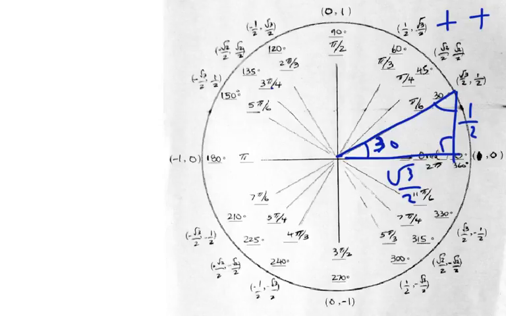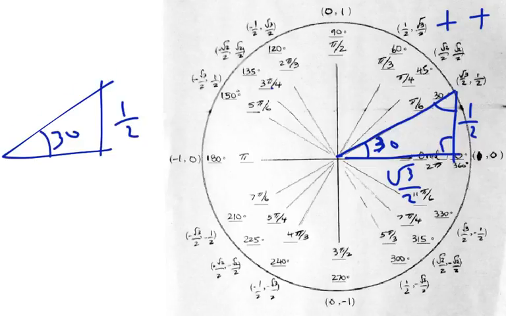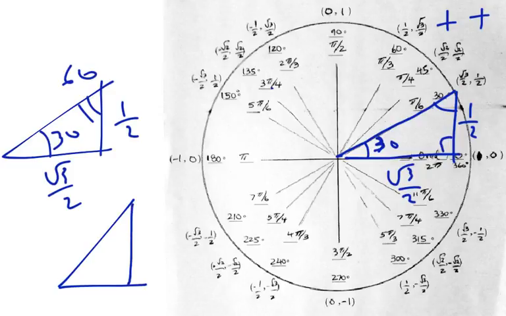If I do the 60, then this is 30, this is 1/2, and this is square root 3 over 2, and this is 60. So if I do the 60, it's just changing the position. This is 60. Therefore, opposite to the 60 is square root 3 over 2, and opposite to the 30 is 1/2.